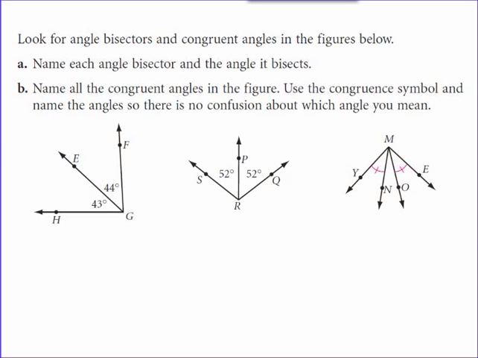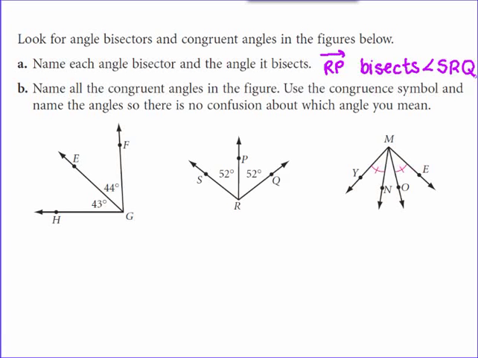Ray RP is an angle bisector. Ray RP bisects angle SRQ. That's really the only angle bisector, because there's not one in this third one either.